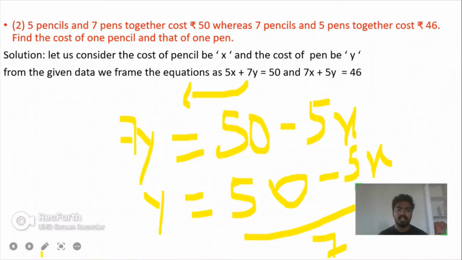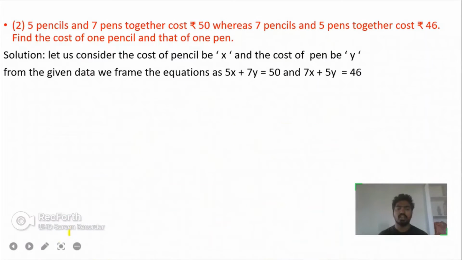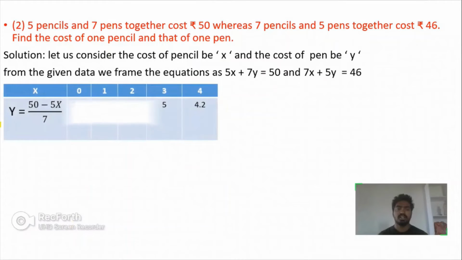Okay, so now I am taking x values and finding the corresponding y values. If I take x is equal to 0 and substitute it in the expression y is equal to 50 minus 5x by 7, then I get y is equal to 50 minus 5 into 0, that is 0, so 50 by 7. So 50 by 7 is nothing but 7.14.